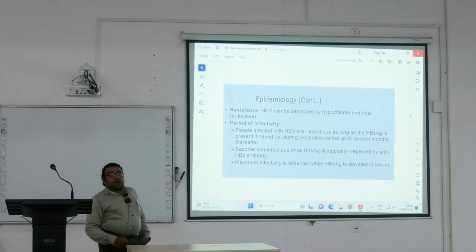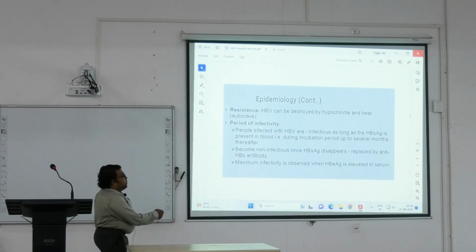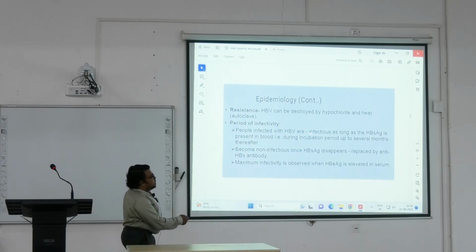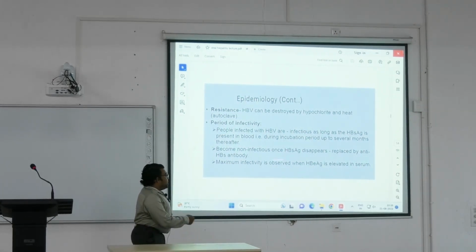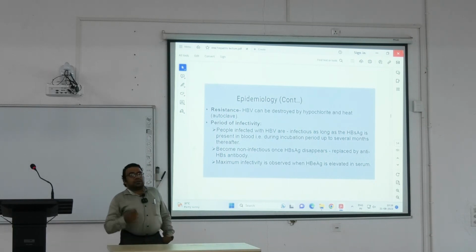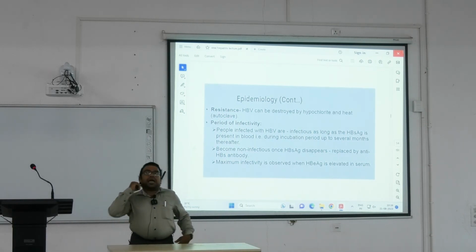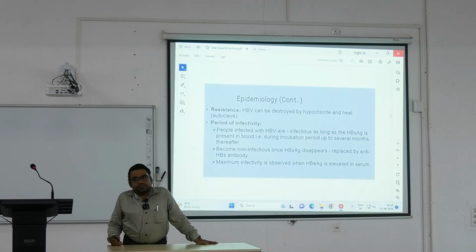Now, people infected with hepatitis B virus are infectious as long as surface antigen is present in the blood, and become non-infectious when surface antigen disappears and is replaced by anti-hepatitis B surface antibody. Understood?